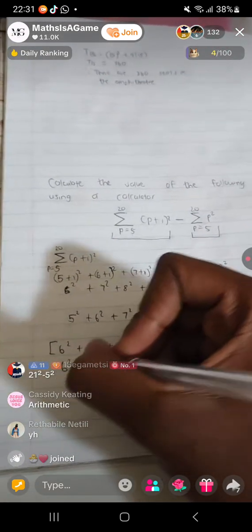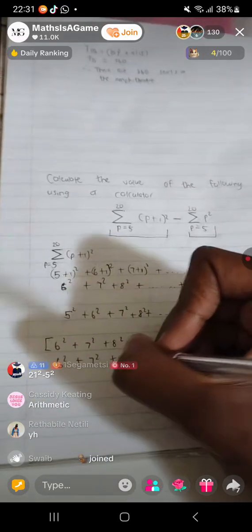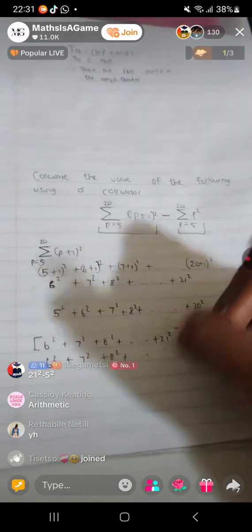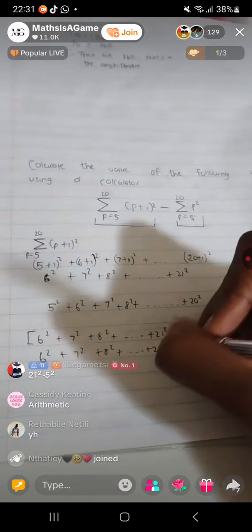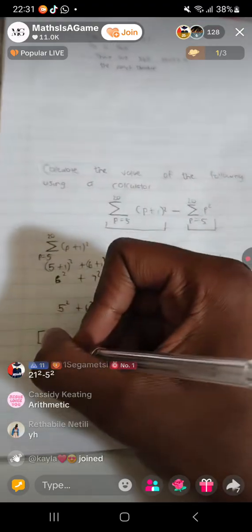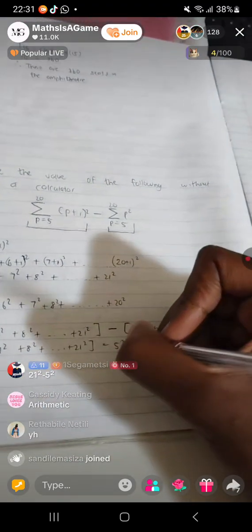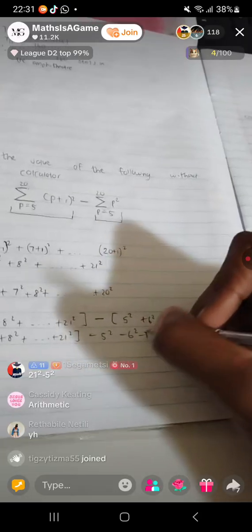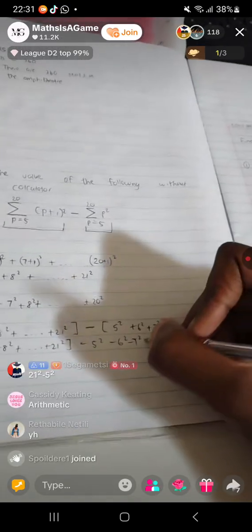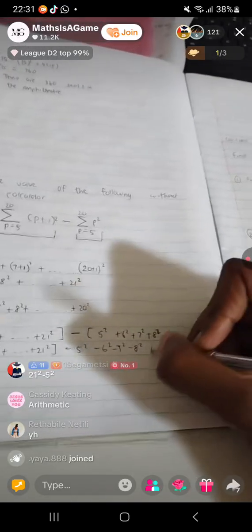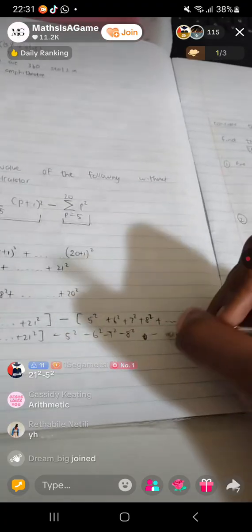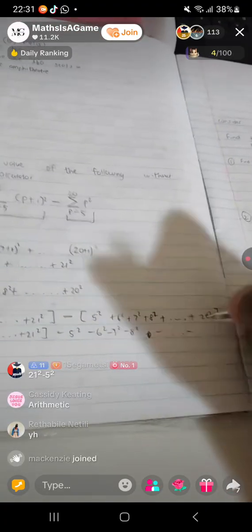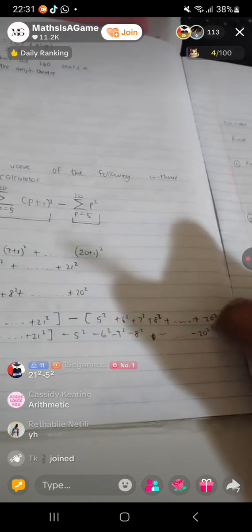I'm just wanting to reveal this to you. I'm not using a calculator here. I'm simply applying some logic. Minus 5 squared minus 6 squared minus 7 squared minus 8 squared, minus all the way dot dot dot to minus 20 squared.